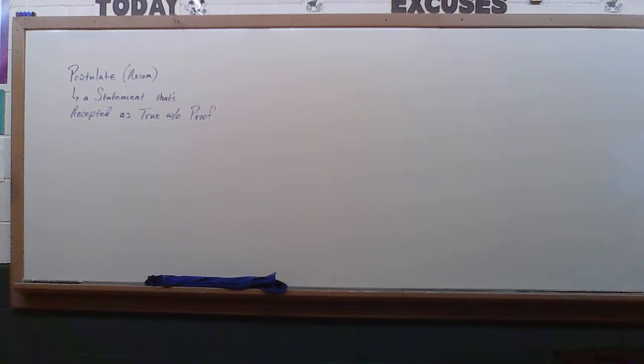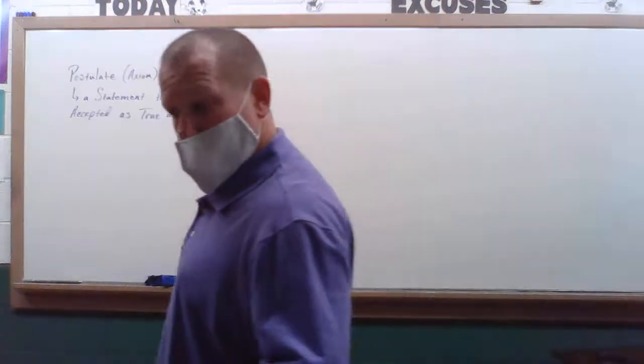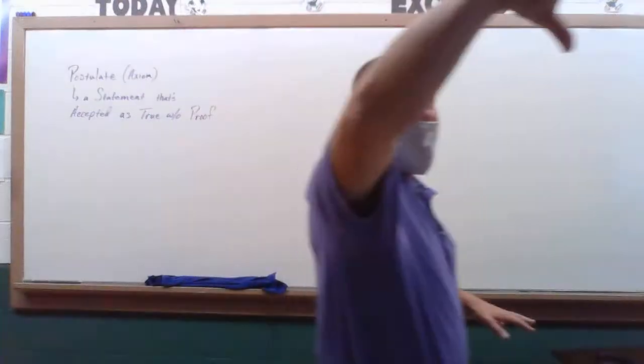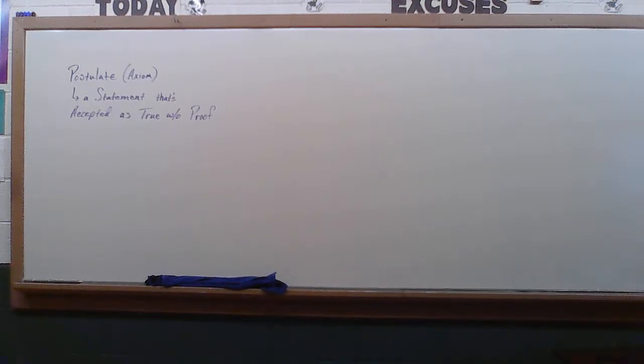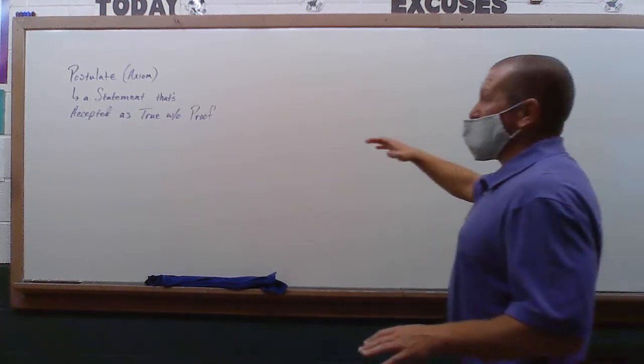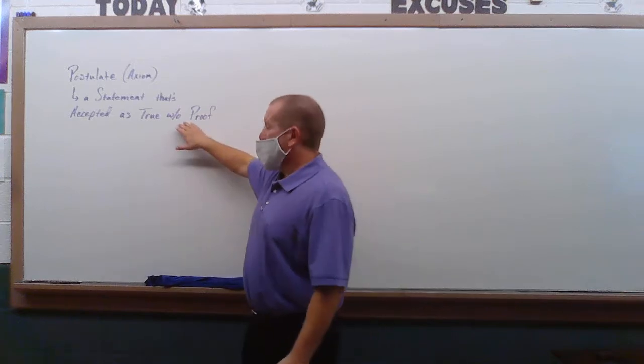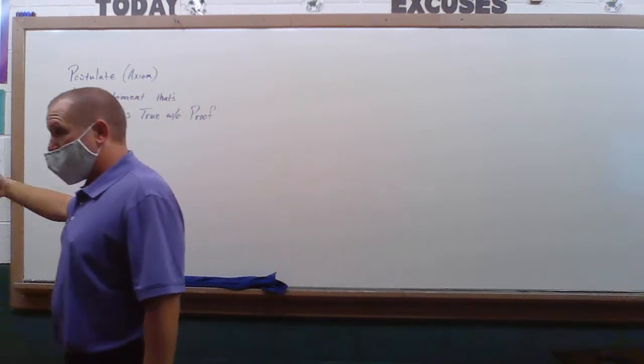So if you go through the rest of them, somebody read 2.2 out loud. Through any 3 non-collinear points, there's exactly one plane. Okay, so any 3 points, right? That's how we can make a plane. And again, that's something we talked about way back in chapter 1. All right, so these are just statements that we know of as being true, and we really don't have to prove them.